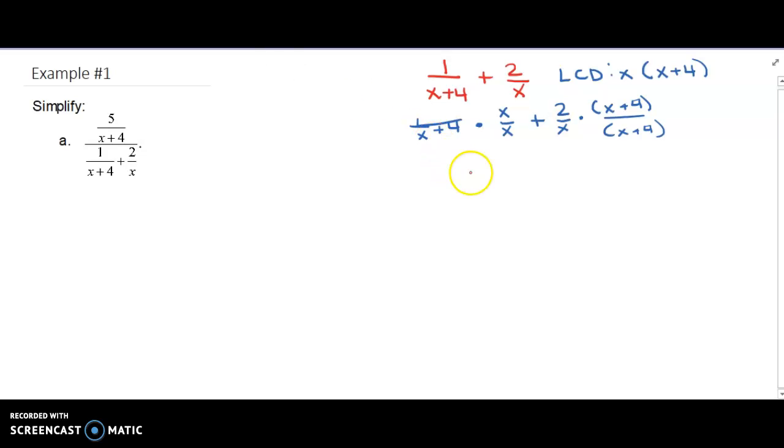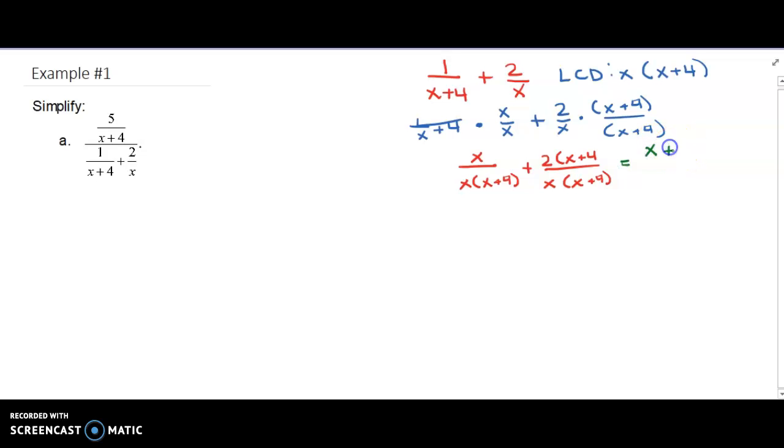Okay, when I do that, I get x over x times x plus 4 plus 2 parentheses x plus 4 over x plus 4. Okay, now the whole purpose of that, I have the same denominator, so I can go ahead and put these together.